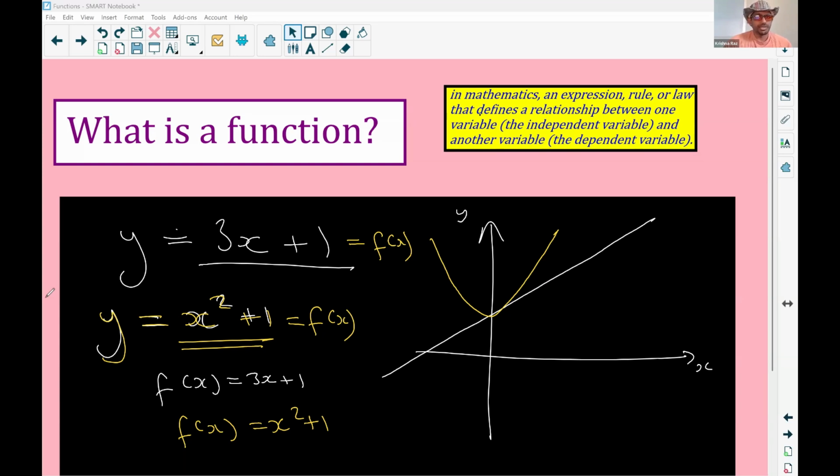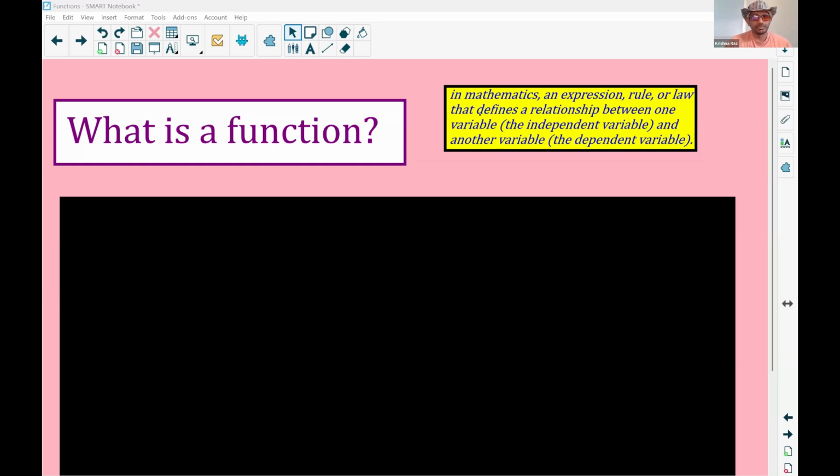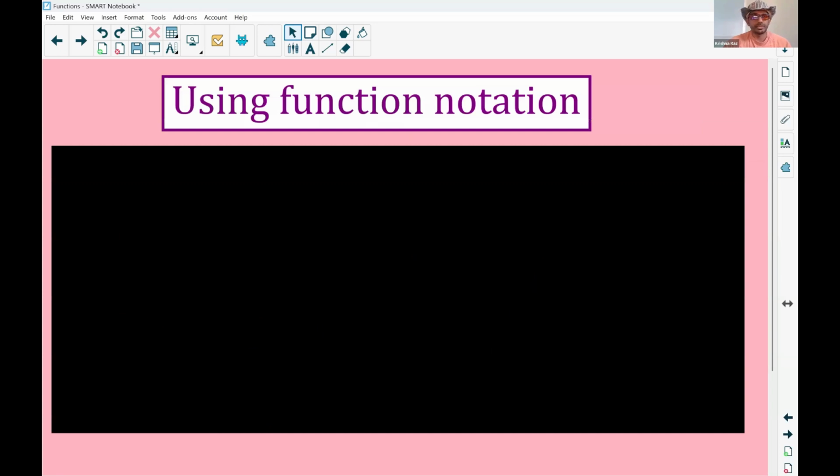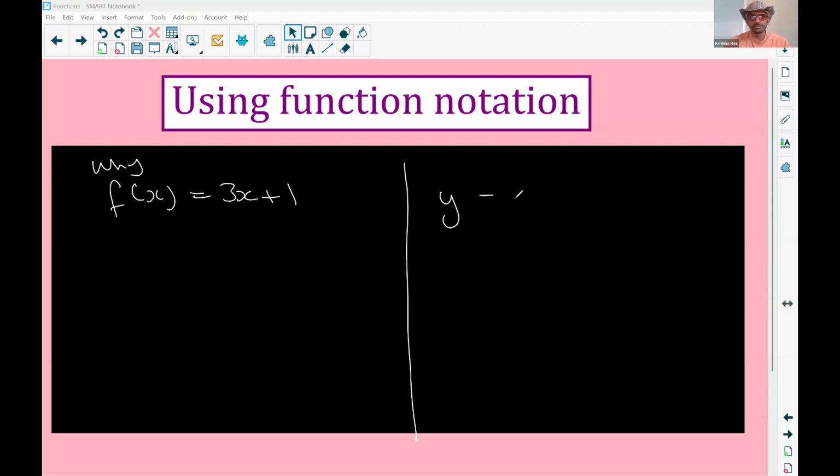So let's apply this because that will be a little bit abstract. So using function notation, we say f(x) equals 3x plus 1 when we could just say y equals 3x plus 1.